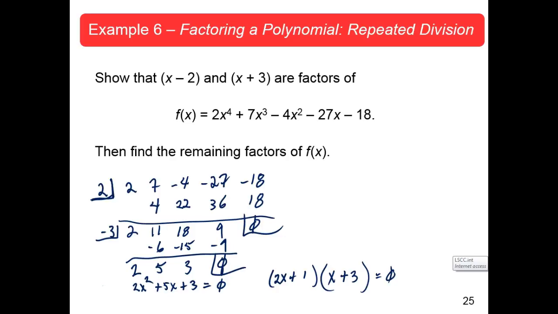2x times x? 2x squared. Yes, so far so good. 2x times 3? 6x plus x is 6x plus x? 7x? Wrong. So if you come up with the wrong number, what do you do? Change the numbers. So reverse these and make this one the 3 and that one the 1 and see if that helps any.